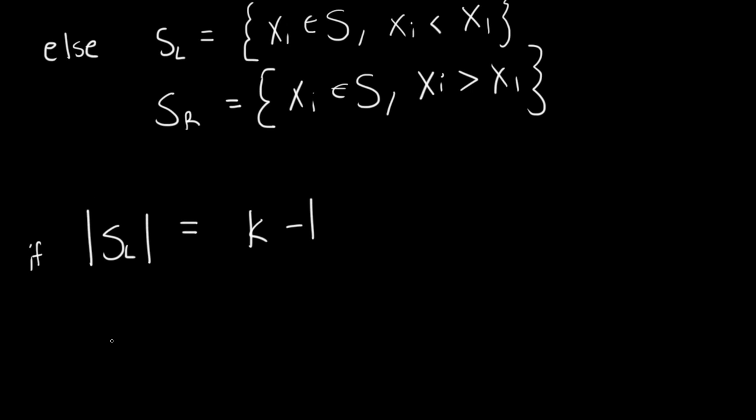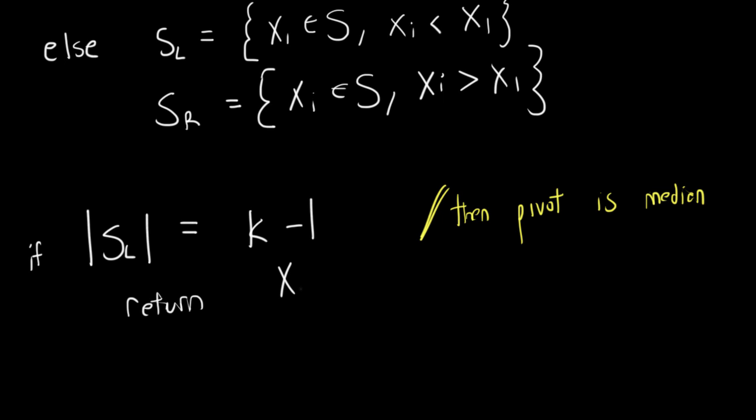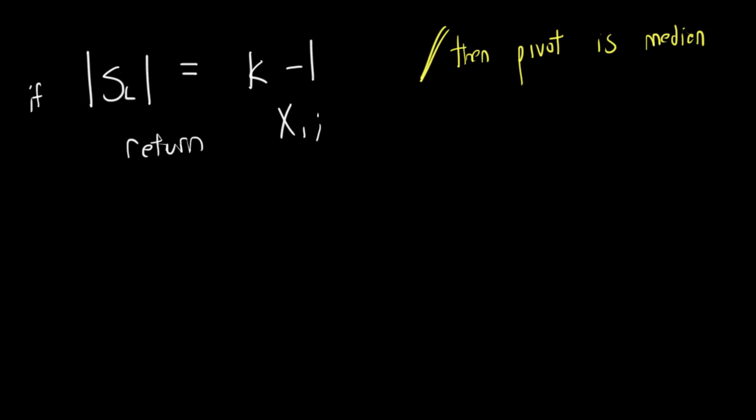Then the pivot is the median. So what do we return? We'll return x1, the value we start off with.